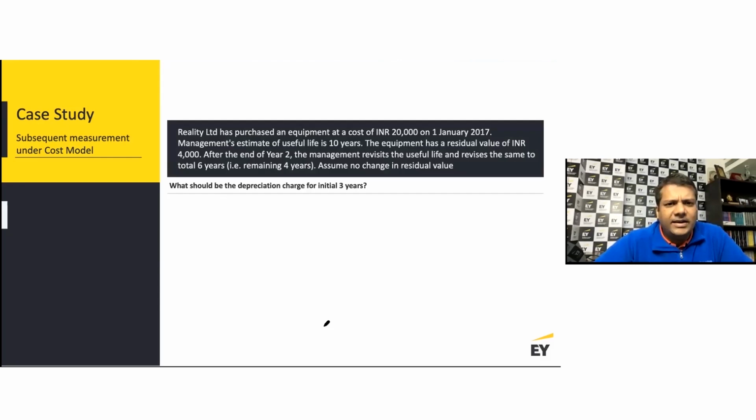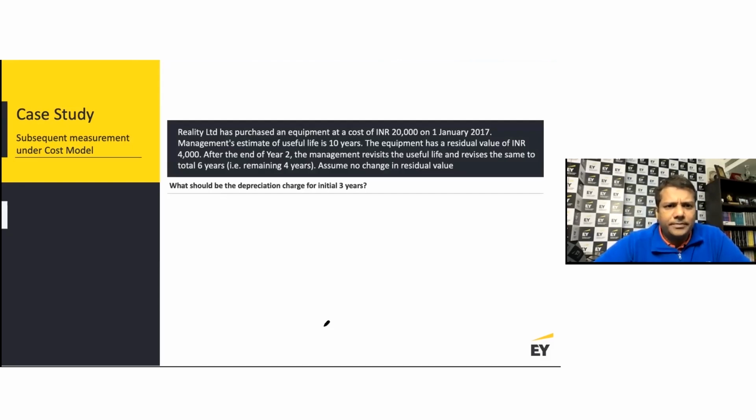After that, I realize that the total life is 6 years. Remaining 4 years. Originally I thought it's 10 years, but I'm now saying it's a total of 6 years, and 2 years have already lapsed. Now only 4 years. So what should be the depreciation charge for the initial 3 years?